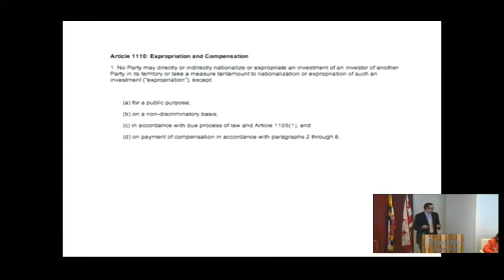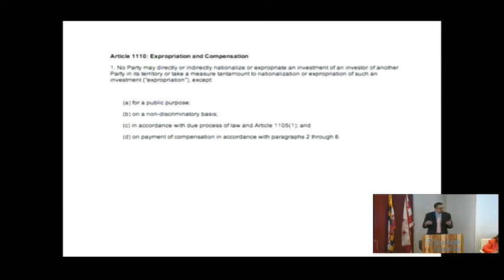The investment chapter only allows investor-state private adjudication against a party for violations of the investment chapter only. So when Andrew started out with the claim here as a claim around 1709, well, the investment chapter doesn't give you a claim to adjudicate 1709 under investor-state dispute.